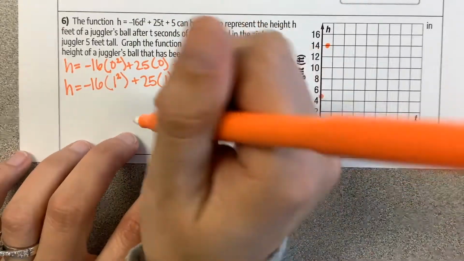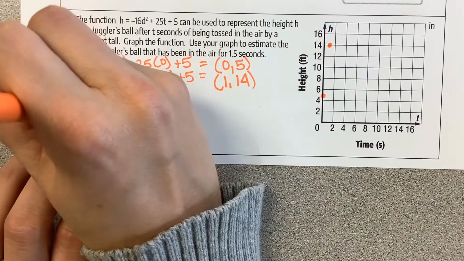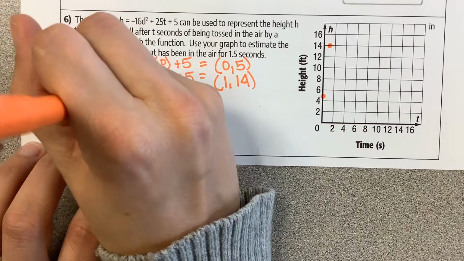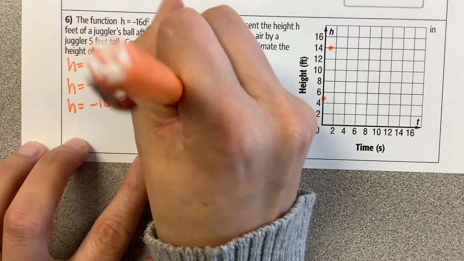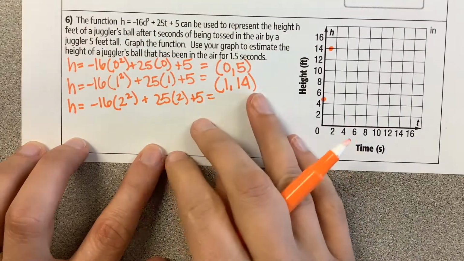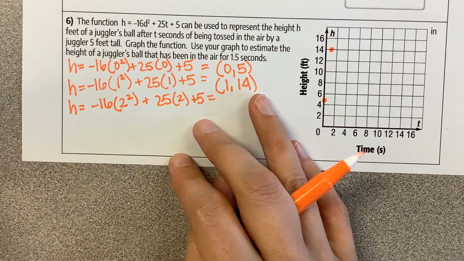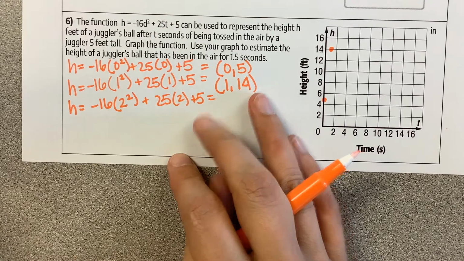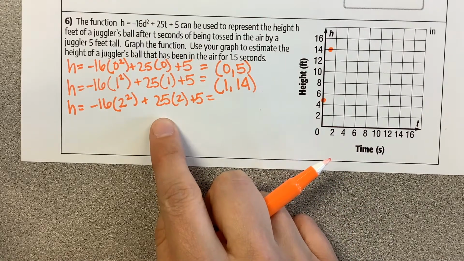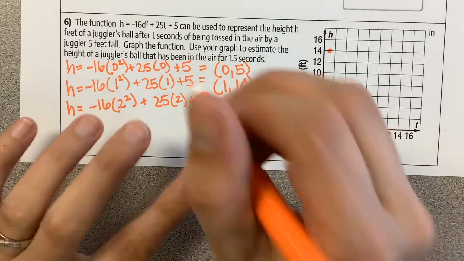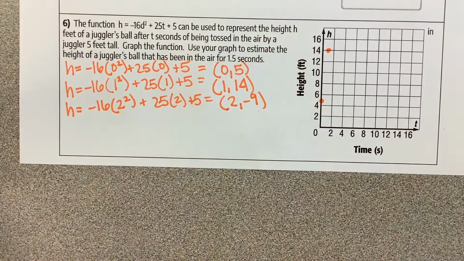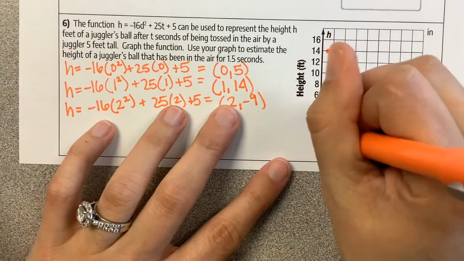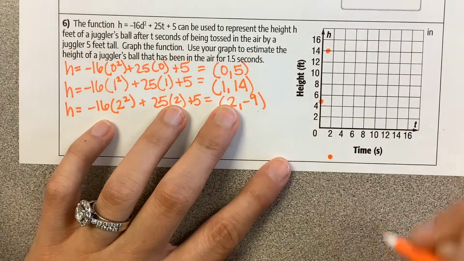And then plugging in 2, we get h equals negative 16 times 2 squared plus 25 times 2 plus 5. So negative 16 times 4 is negative 64, plus 25 times 2, so plus 50, equals negative 14, plus 5 equals negative 9. So our ordered pair is 2, negative 9. So it's going to be something like down here.